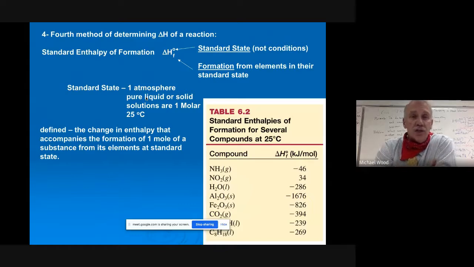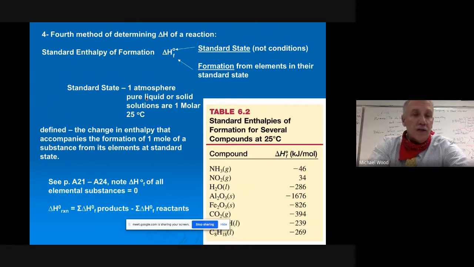So define the change in enthalpy that accompanies the formation of 1 mole of a substance from its elements at standard state. And so what I have here on the left, I would always give you, and we'll do a couple problems like this. Okay, and then this equation here, and again, you're going to have to be given table values to do this.